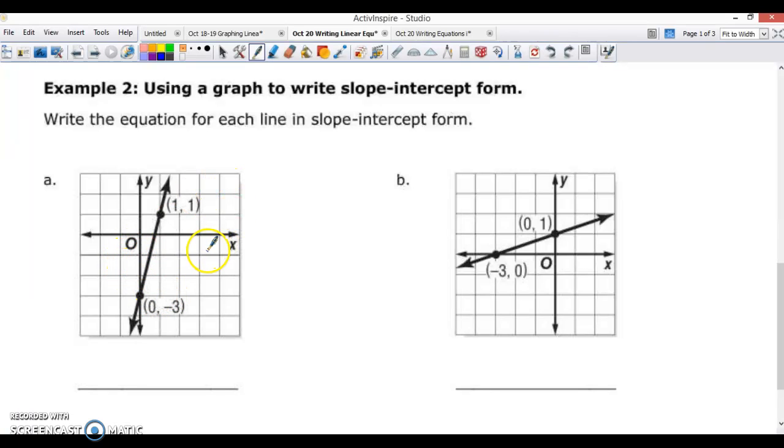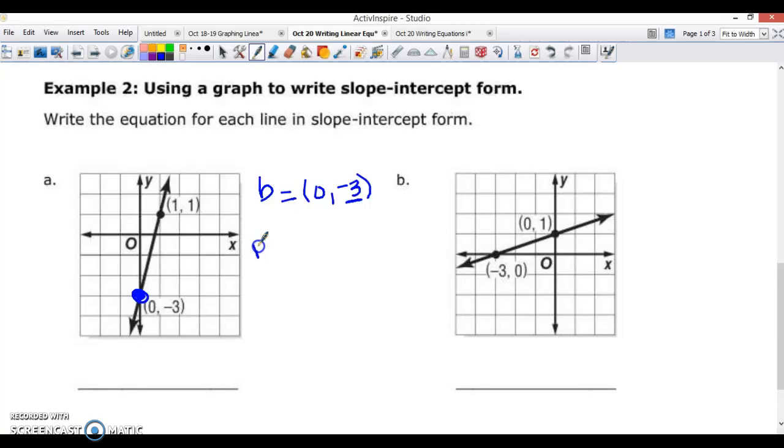And remember that y-intercept is where it crosses the y-axis. So from these two particular examples, we see that our y-intercept is graphed for us. So we can write that down. B is equal to 0, -3. And we only want the y value in our ordered pair here because that gives us our b.